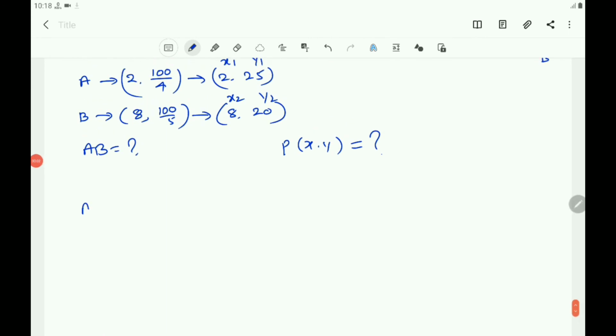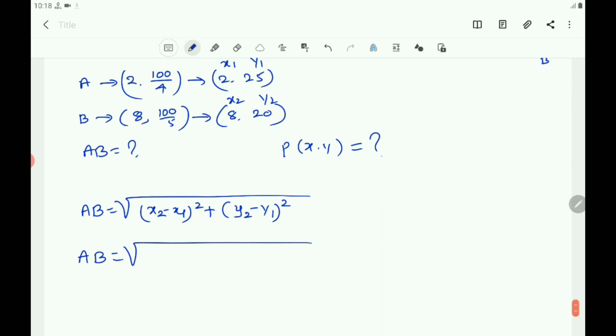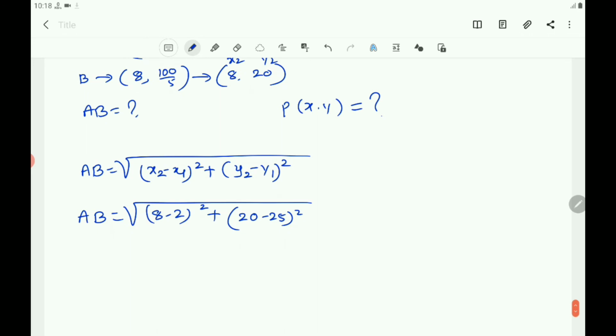Now you write AB. AB equals whole root of (x2 minus x1) whole square plus (y2 minus y1) whole square. AB equals whole root of (8 minus 2) whole square plus (20 minus 25) whole square.